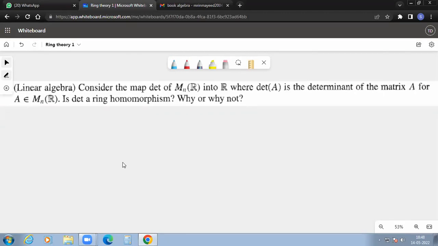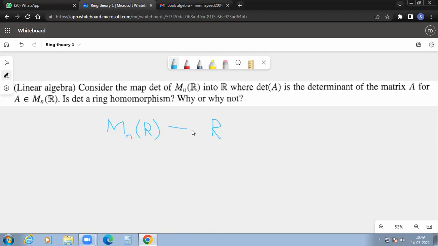So I think the ring homomorphism you know all better. First of all, let us deal with what are the rings with us. We have two rings, Mn of R. By Mn of R I mean these are n by n matrices with real entries. And by R I mean it's simply set of real numbers with usual addition and usual multiplication.